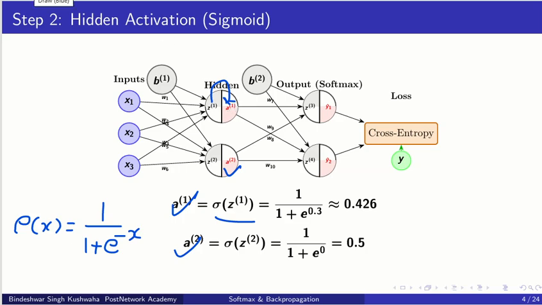Now see that the arrow has gone here, so we will calculate Z3 and Z4, and we will be using A1 and A2 as input, and these are the weights. So the output of the hidden layer has become the input for the output layer, the next layer you can say.